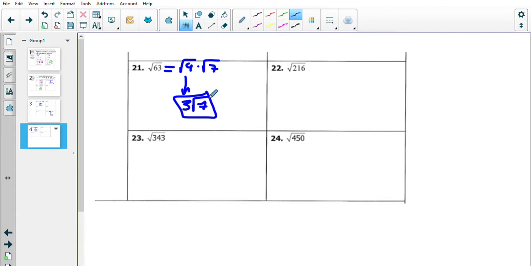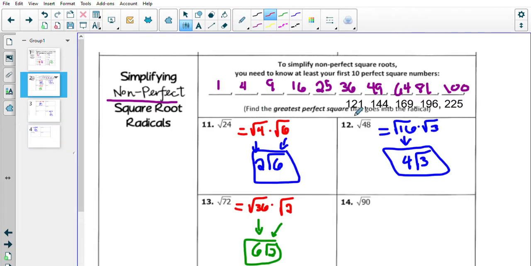Let's do 2 more real quick. So the square root of 343, again, you're going to go down your list. Keep on going down your list until you find the first one that gives you a whole number, no decimals. 343 divided by 225, 343 divided by 196, you keep going down, and the first one that works is 49.